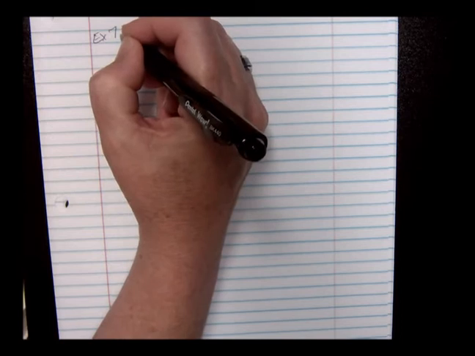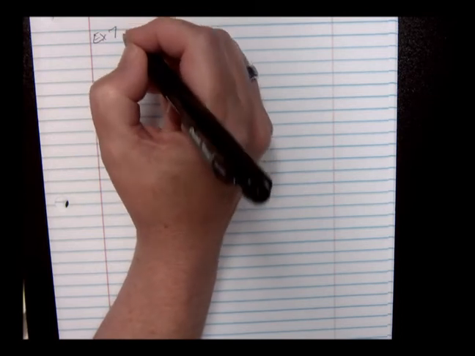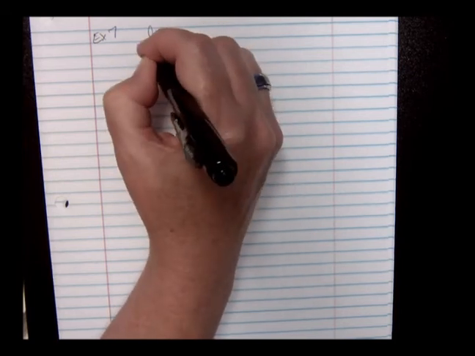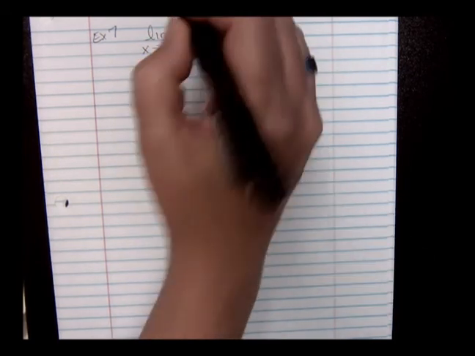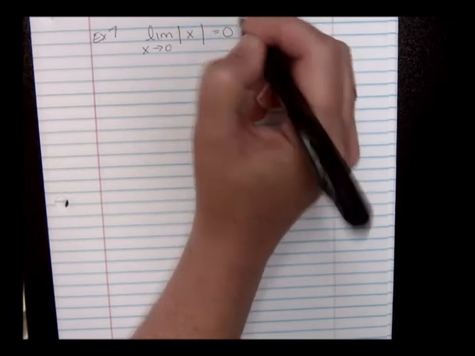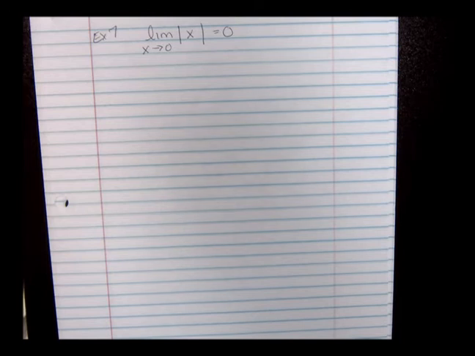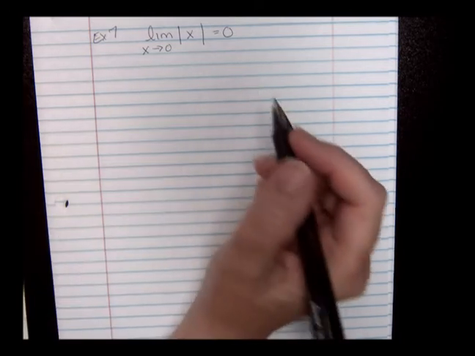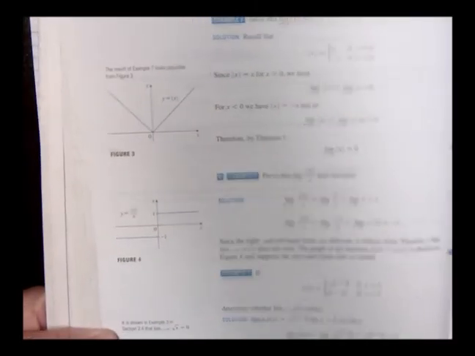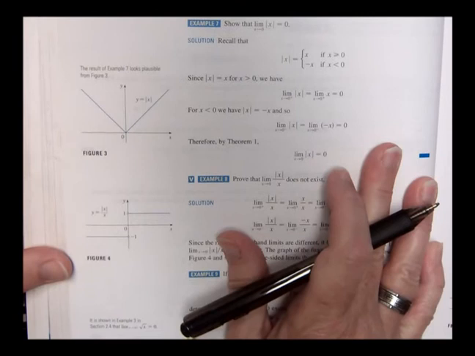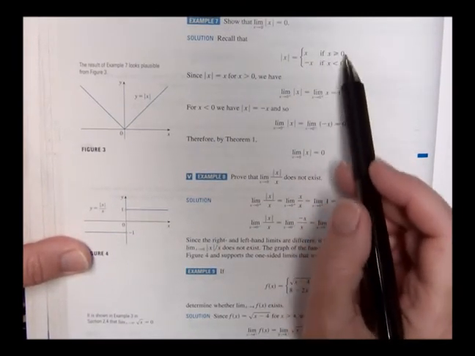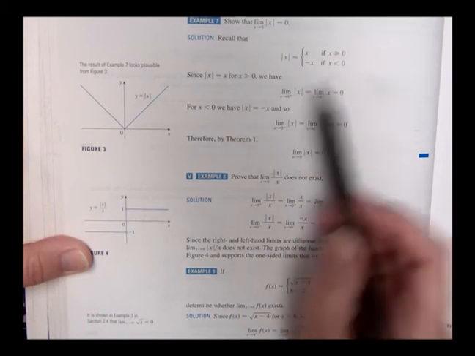Example 7. Okay, we have the limit as x approaches 0 of the absolute value of x equals 0. So, now recall that when we looked at this, I'm going to go ahead and put the book back up here so we can look at the graph. This is our absolute value function. Here's the piecewise function to remind us of what it looks like.